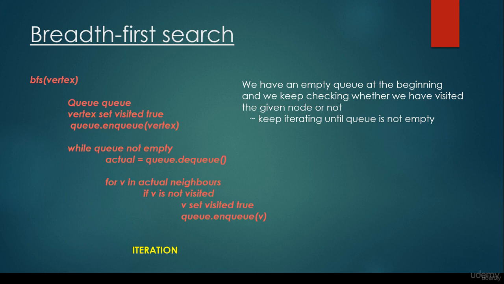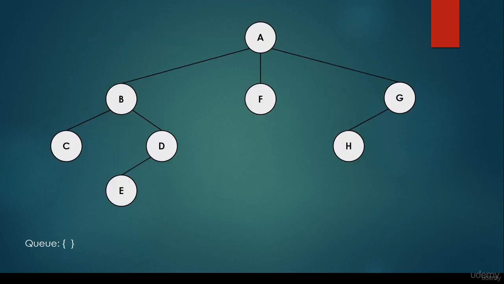I named it actual. Then we visit all the neighbors of this actual vertex. I denoted these neighbors with v, and if v is not visited, then we set it visited, and we enqueue it, which means that we add it to the queue. So we are going to iterate as long as the queue is not empty.